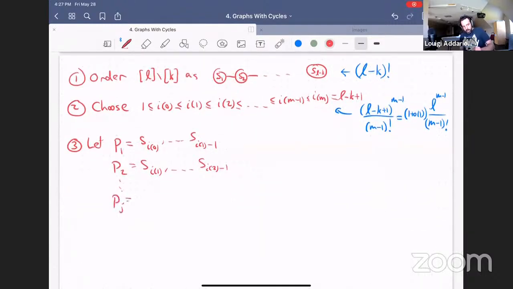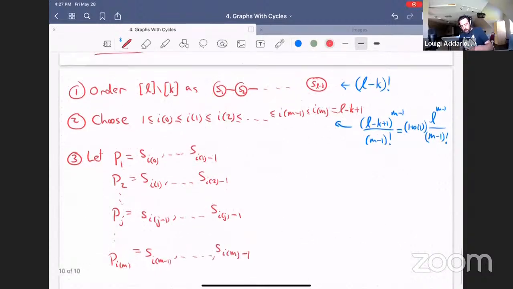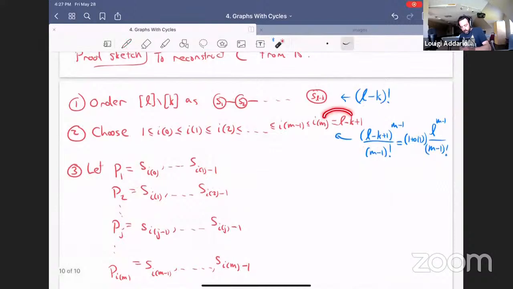So Pj is the path that goes from Ij minus 1 up to Ij minus 1, and the last path goes from Im minus 1 all the way to Im minus 1, which is L minus k.